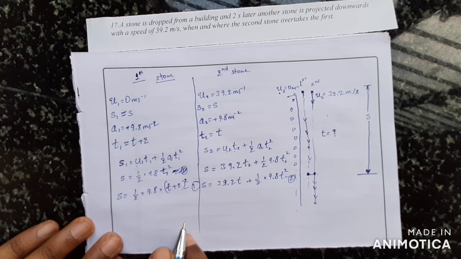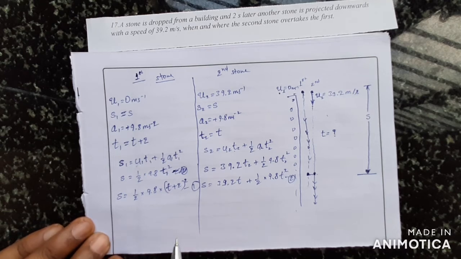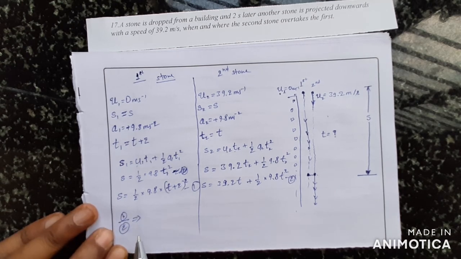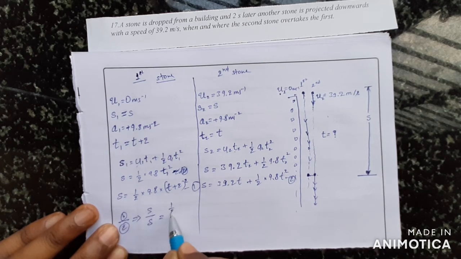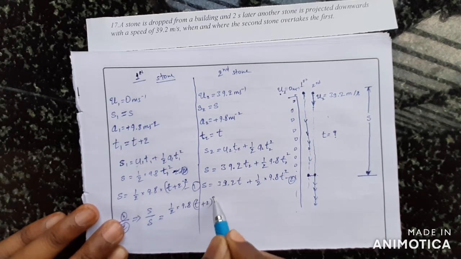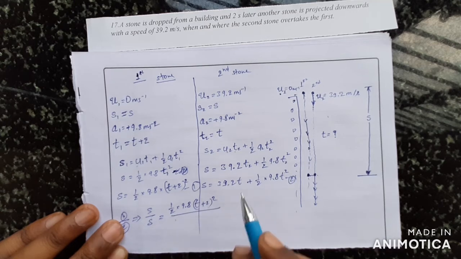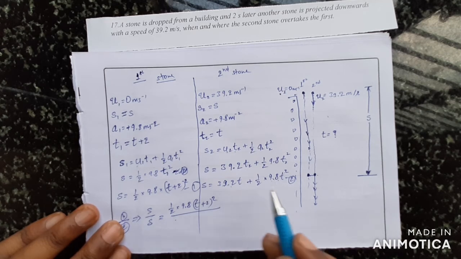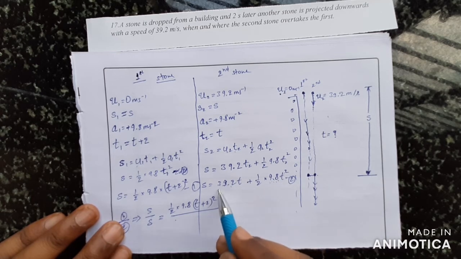And now upon dividing equation 1 by equation 2, LHS s by s is equal to RHS half into 9.8 into t plus 2 whole squared divided by RHS. See here 39.2, 9.8, we can take them as common factors. 9.8 into 4 is 39.2.